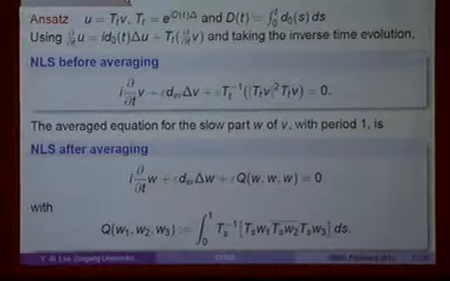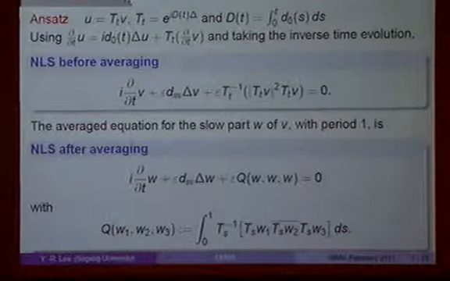Then instead of this, we calculate the integral from 0 to 1 of this in s. I just change the dummy variable t to s. So we have a nonlinear discrete Schrödinger equation before averaging and after averaging.